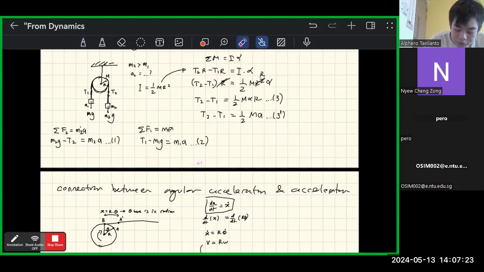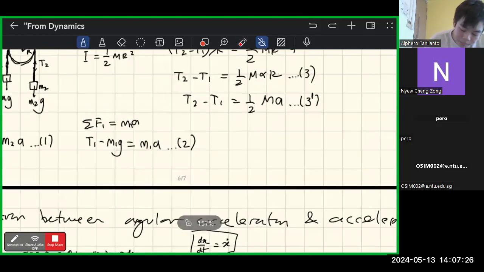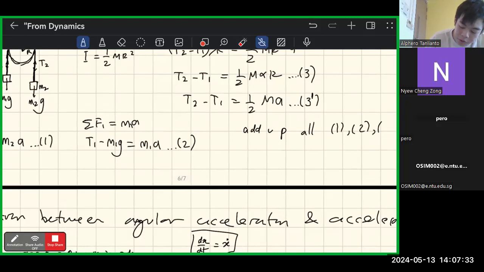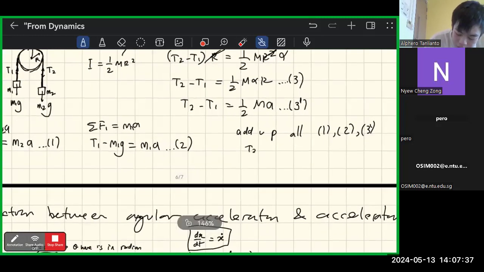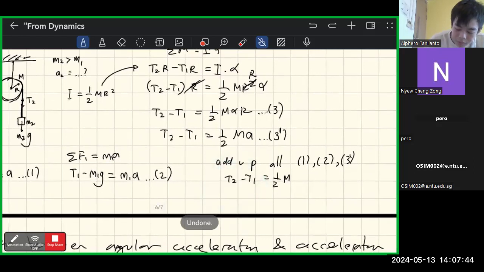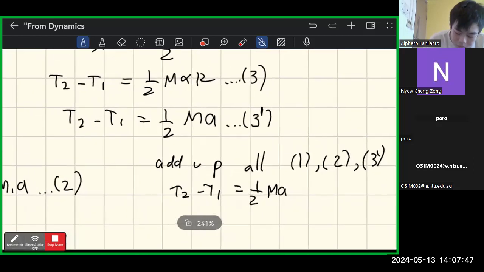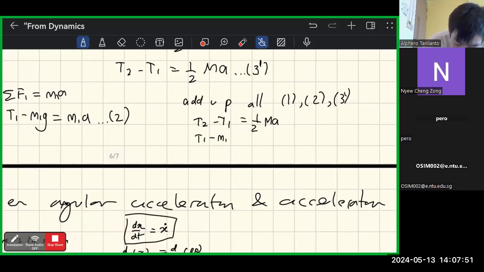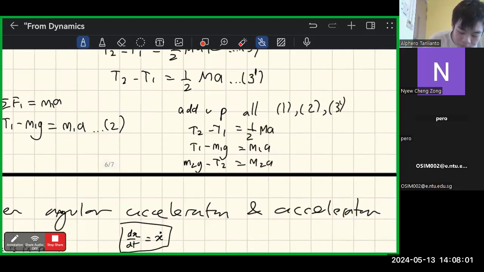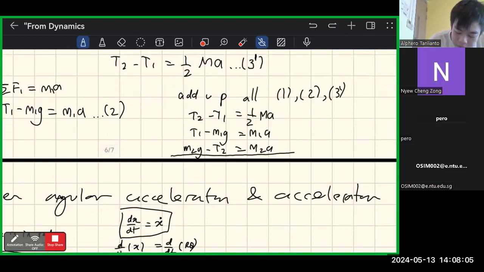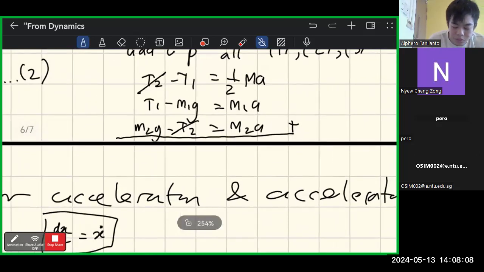So if we add up equations 1, 2, and 3 prime, we have T2 negative T1 equals half of M A, T1 negative M1 G equals M1 A, and M2 G minus T2 equals M2 A. If we add all of this up, T2 and negative T2 cancel out, and negative T1 and T1 cancel out.